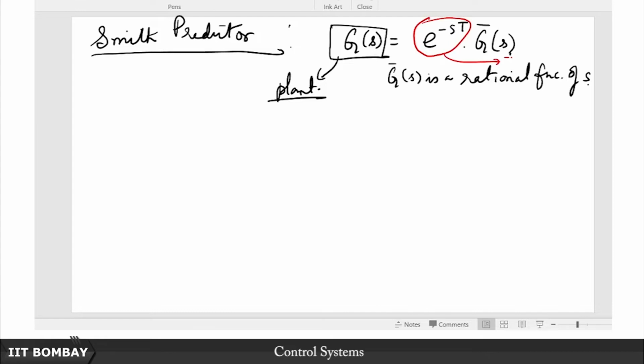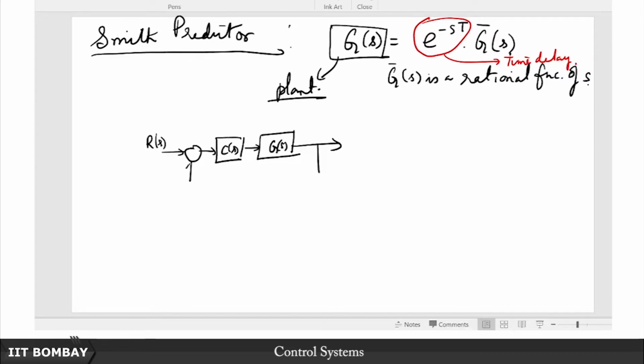Now notice that such systems are very difficult to control, not just in practice, but also if you naively put this G(s) in a closed loop with a controller. Suppose you have this R(s) and something like this, and this is your Y(s).